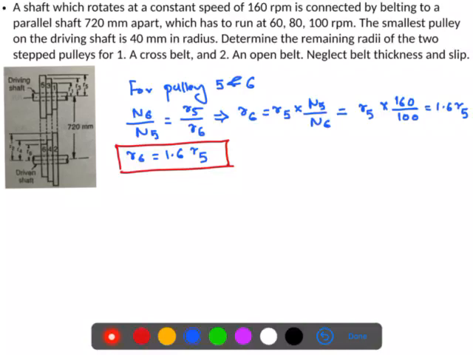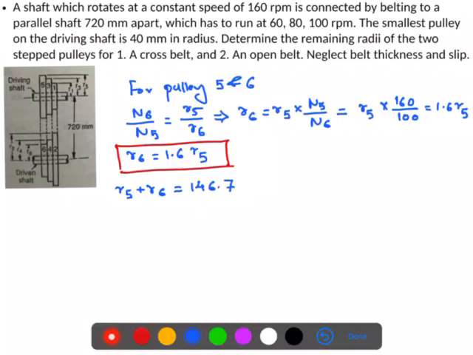So as we know, R5 plus R6 is equal to 146.7.